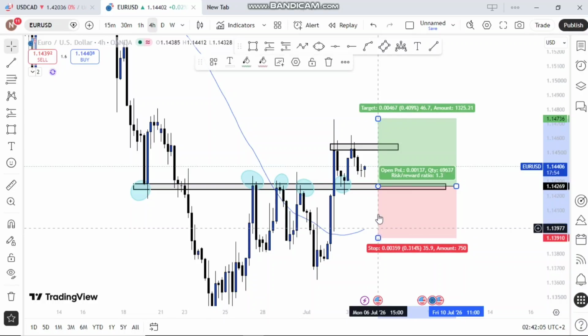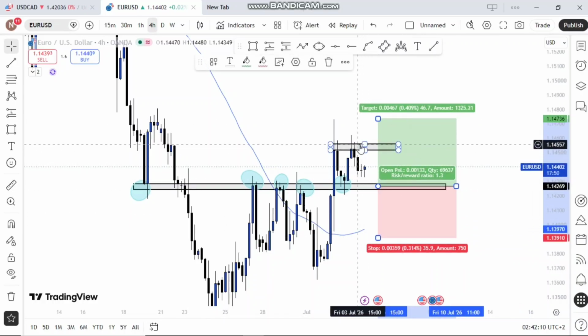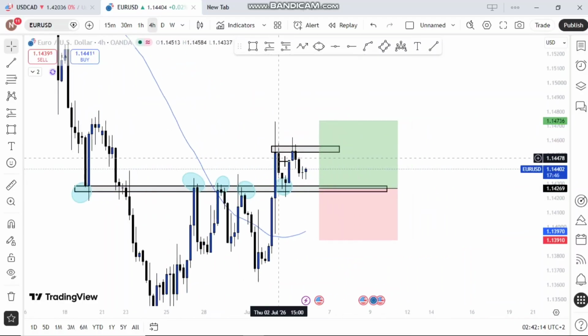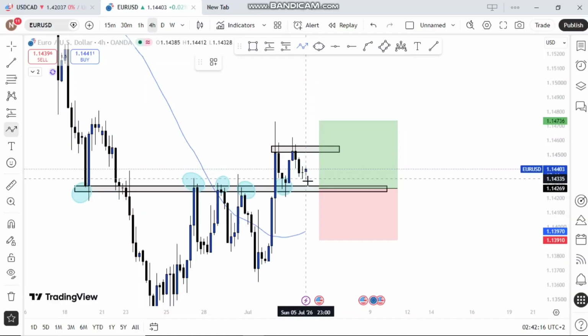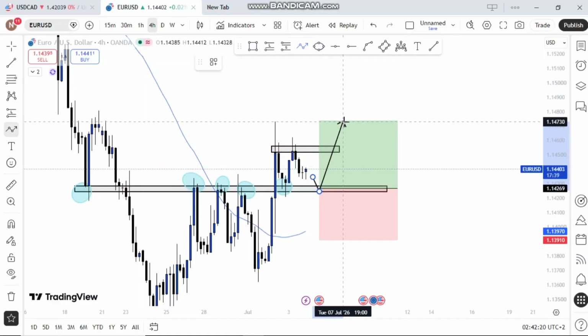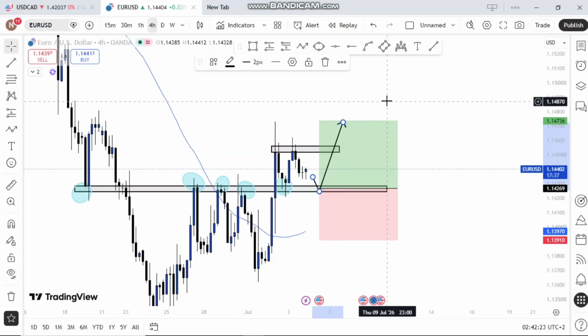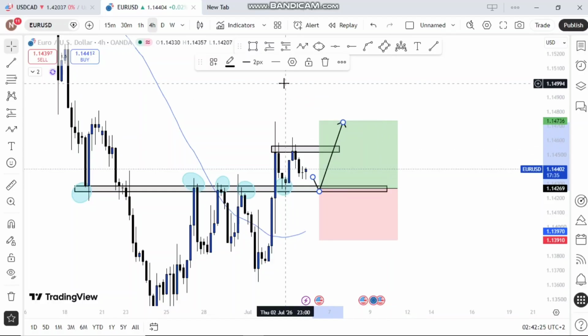You're targeting a 1:3. But now we want EURUSD too. That's all.